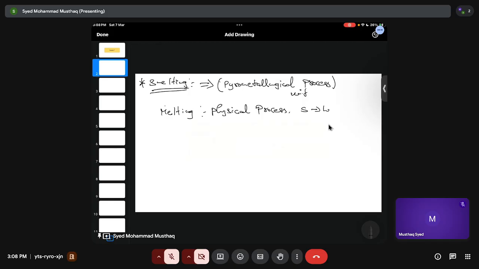Again, you do the heating process, so you will get a melt. In this you start with an ore which contains your metal and impurities.